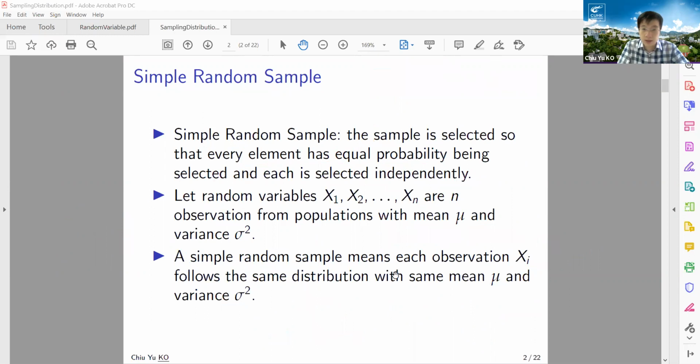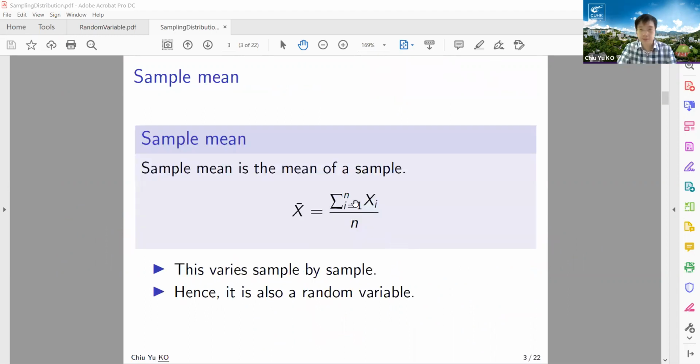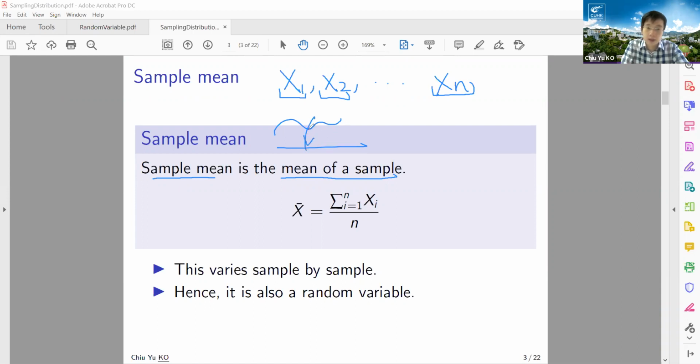Okay. Next, we start with the first definition. The sample mean is the mean of a sample. It looks like I didn't explain anything, but this is what it means. A sample has random variables X1, X2, up to Xn. Remember, they are not numbers, they are random variables, because from some distribution you draw a number. Number can be anything, depending on what you draw.